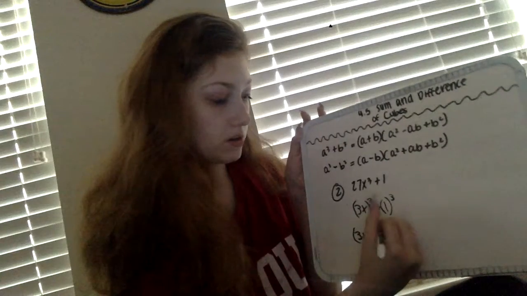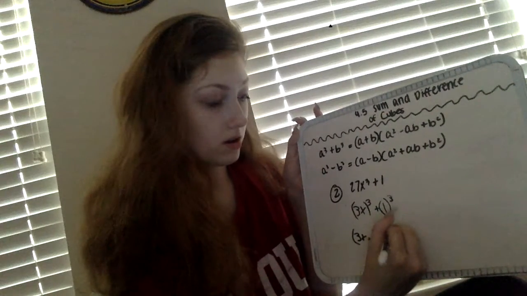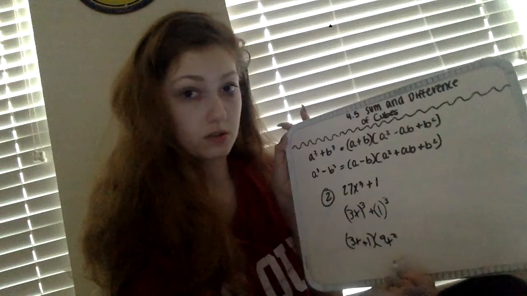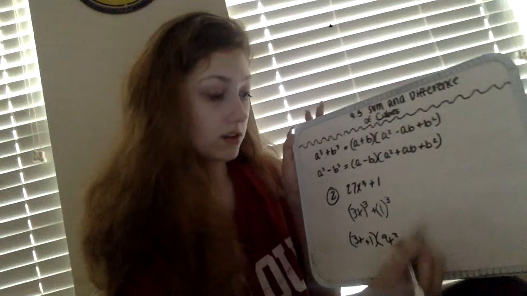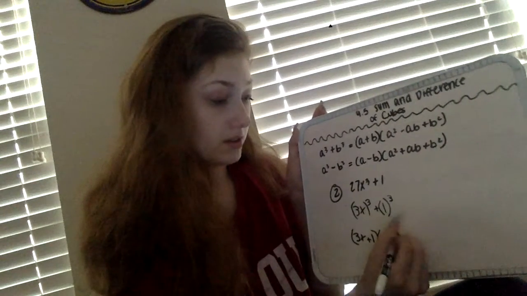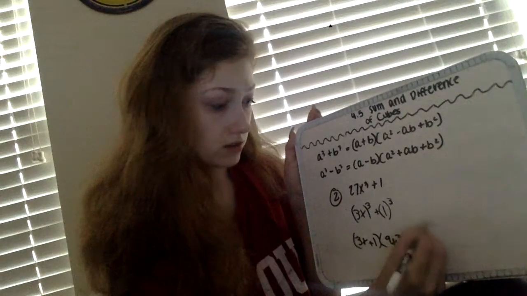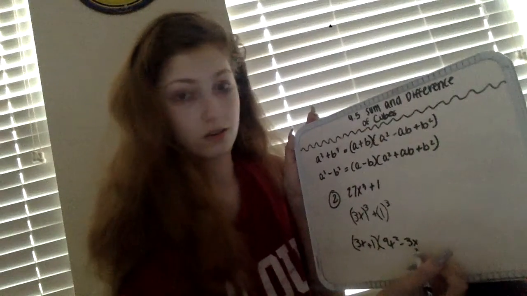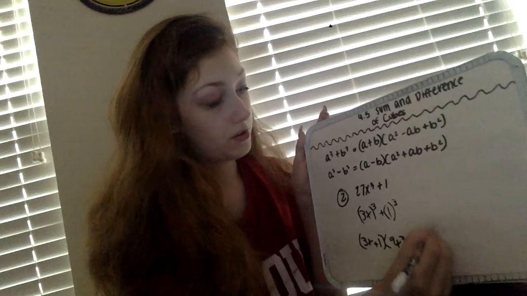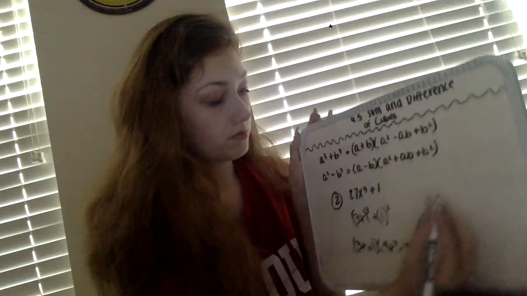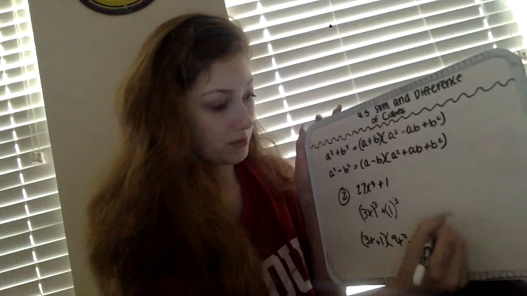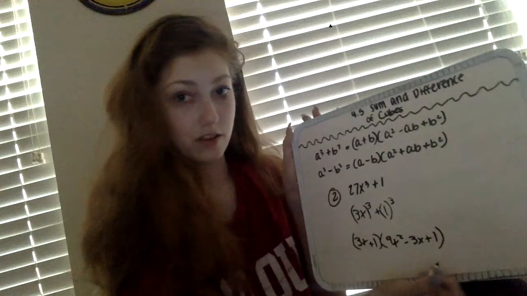Then a squared would be 9x squared, since you have to square the entire thing, not just the x. And then minus ab, so that would be 3x, since 1 times 3x is still 3x, and then you would add b squared, which would still be 1. So that's your final answer.